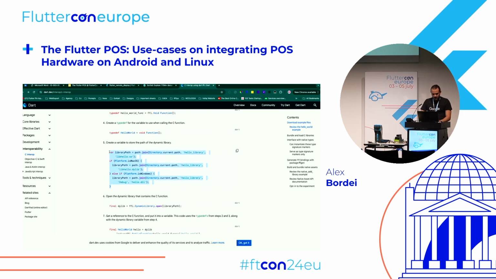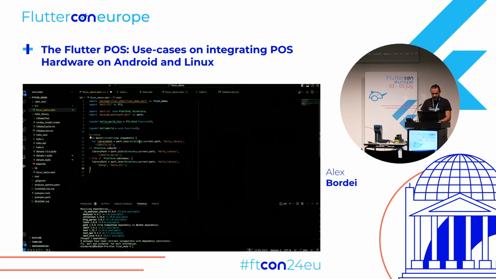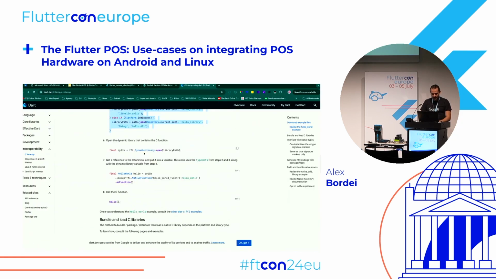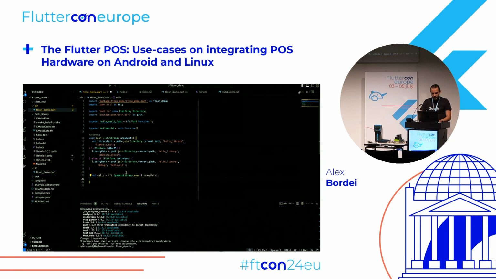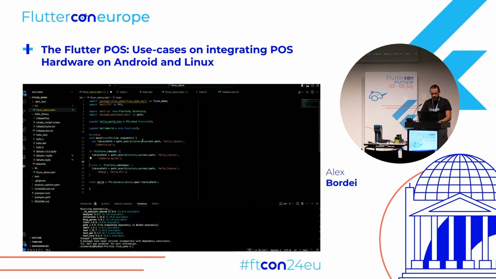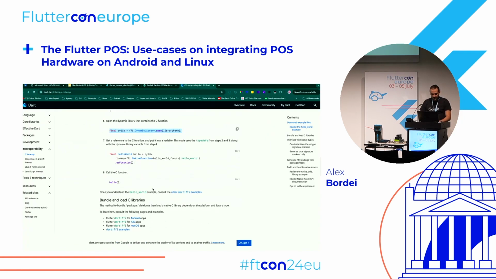Good. Now we can put this library path variable. I will explain in a little what I'm copying here, and then we can load the library based on the environment that we have. So if it is macOS, if it is Windows, or if it is Linux, okay?